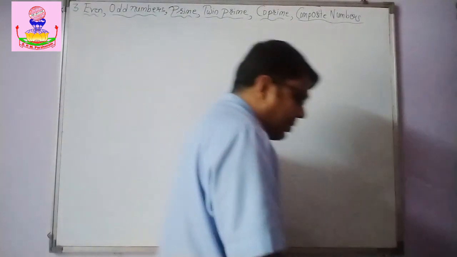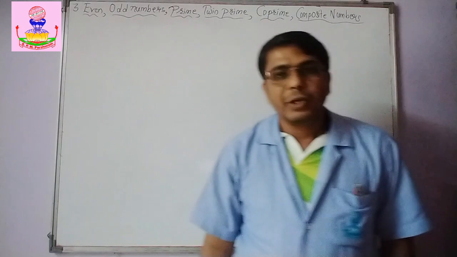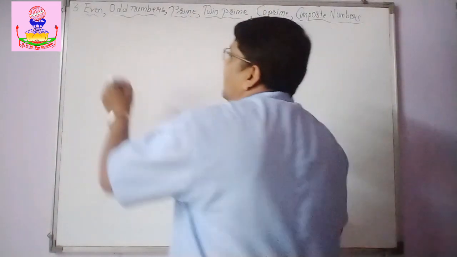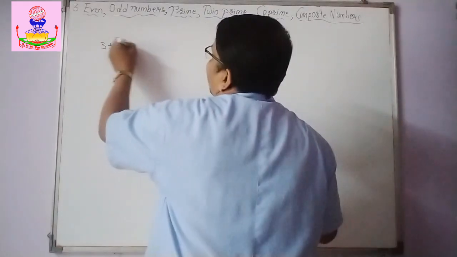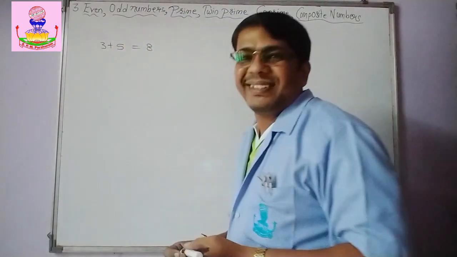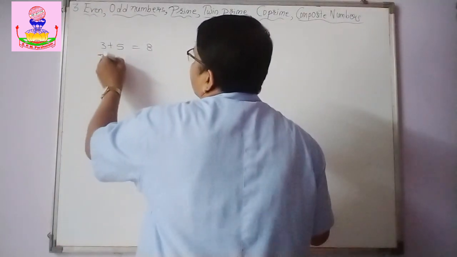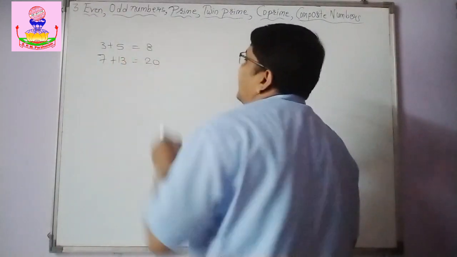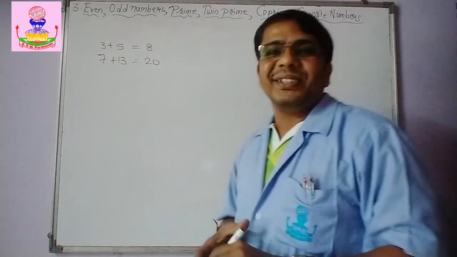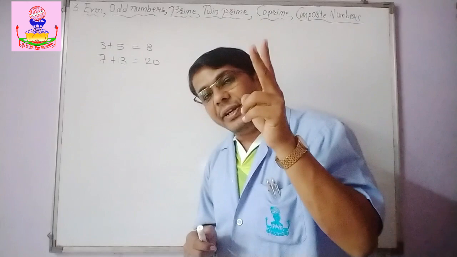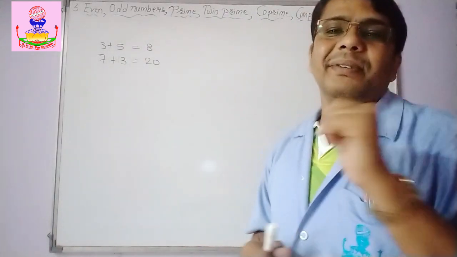When I add 2 odd numbers, what will I get? Let us check. 3 plus 5, what do I get? 8. And what is 8? An even number. Or suppose 7 plus 13, what do I get? 20. 7 is odd, 13 is odd, and 20 is even. So when I add 2 odd numbers, I always get an even number.